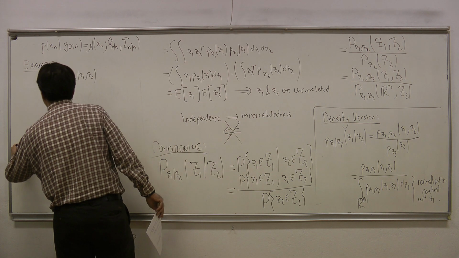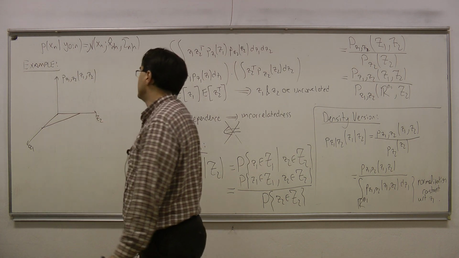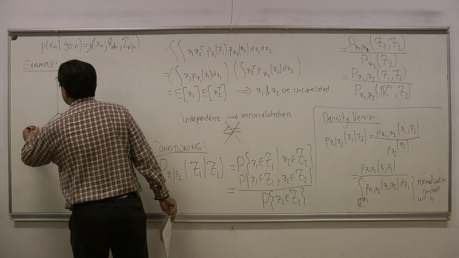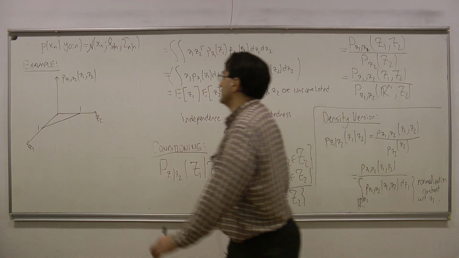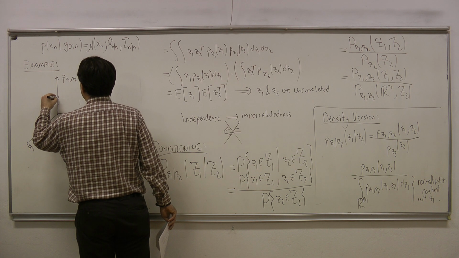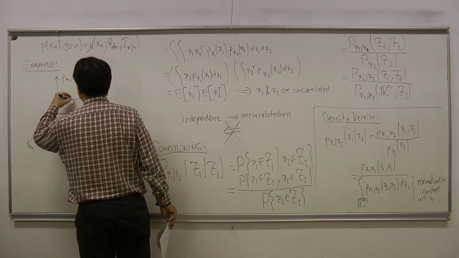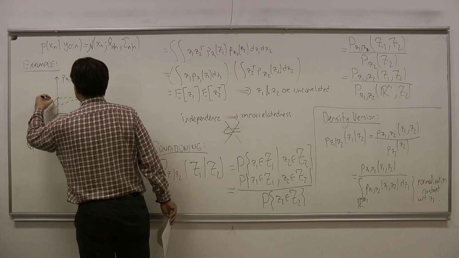Okay? So I have this variable as Z1 and this variable as Z2, and this point is 1 and this point is 1, and I will draw here a triangular region. All right, so it will be looking like this.